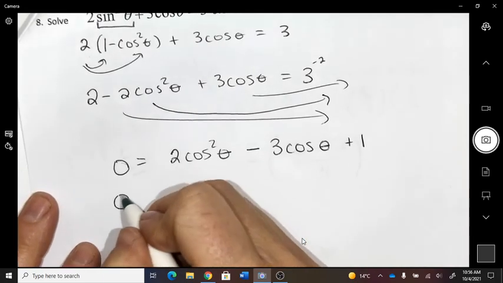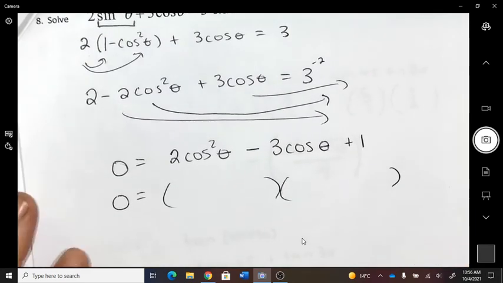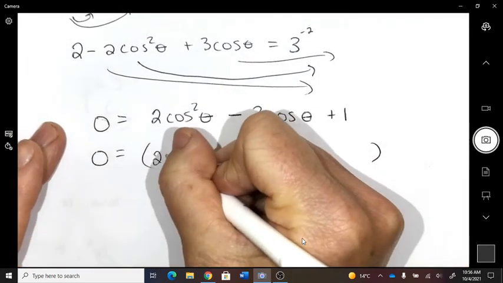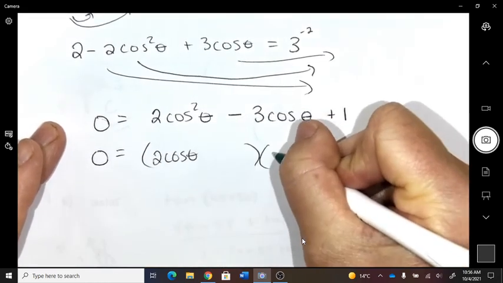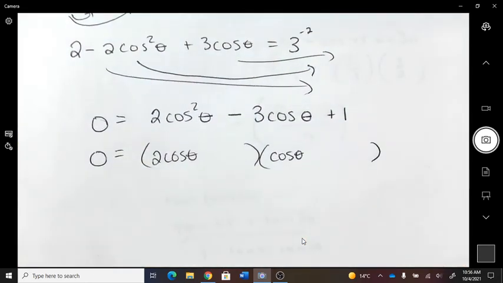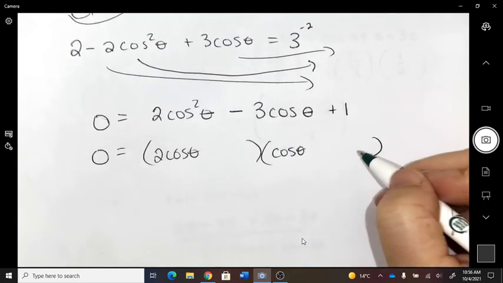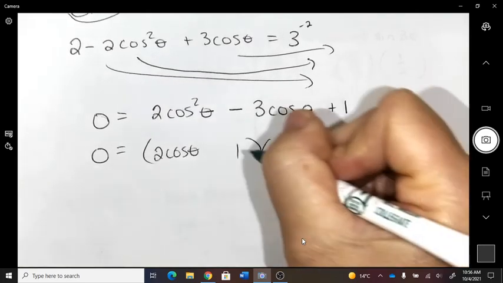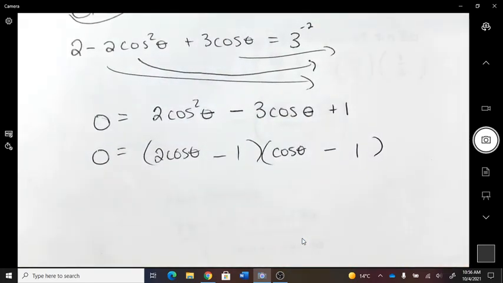Okay, let's try to factor this out. So 2 cos theta and a cos theta. Well, your last is nice because it's 1. So they're both 1. Does it work out? Are you going to be able to get a negative 3? And a positive 1, yep.